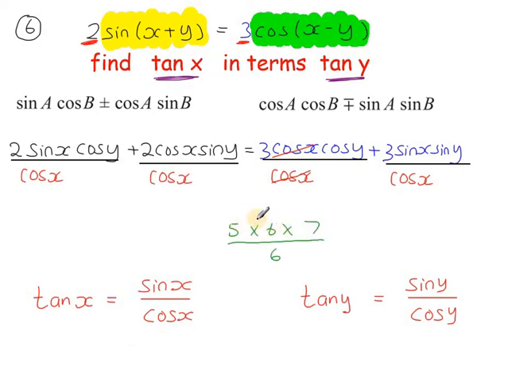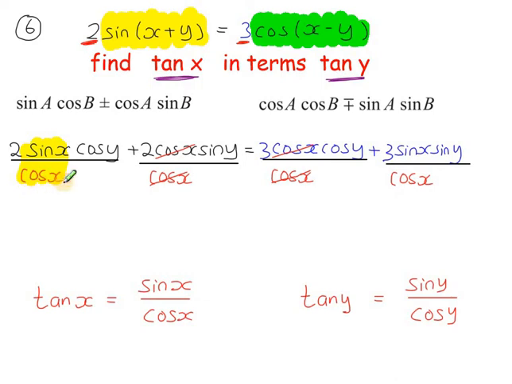It's a bit like when you multiply numbers like this, 5 times 6 times 7. If I divide by 6, that 6 will cancel with that 6. So now you're just left with 5 times 7. And that cos x will cancel with this one. And we know that sine over cos, so that will be tan x right there.